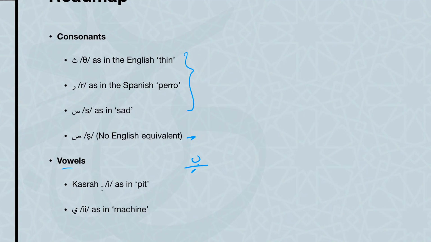So E, kasra, the sound means to break. The meaning is related to breaking. And the kasra sounds like the E in pit, and the long vowel ya is E as in machine, machine.